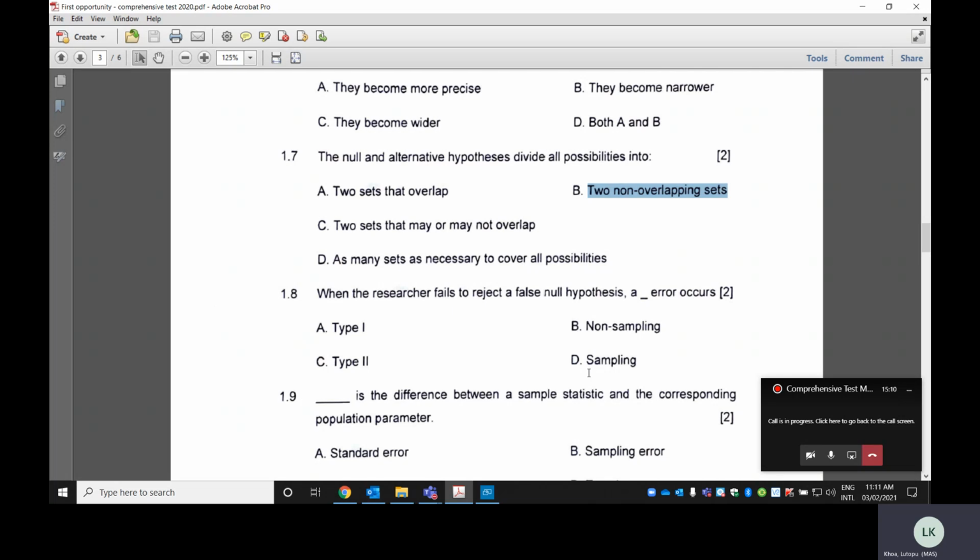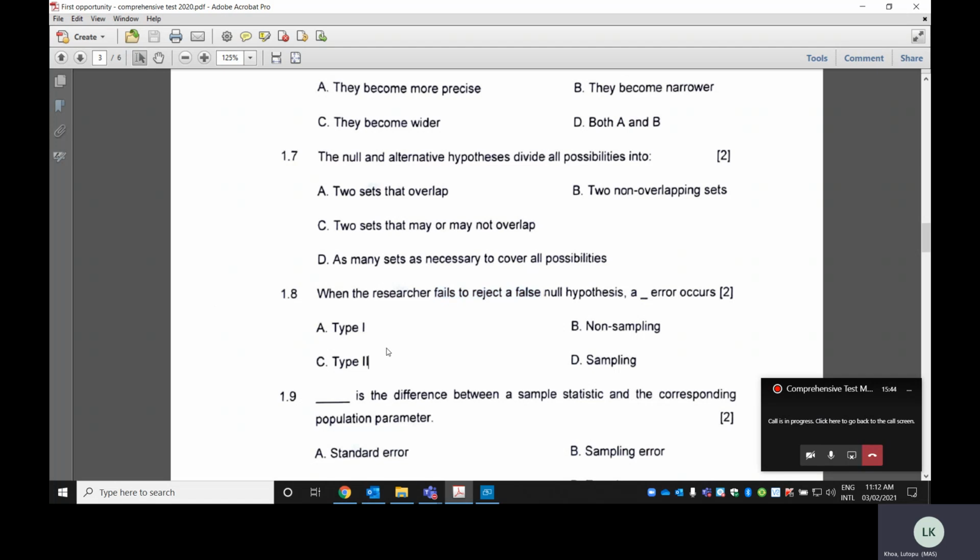So those have to do with the sample, not necessarily with what the researcher concludes. Now we know that a type 1 error occurs when you reject a null hypothesis that is true, and a type 2 error is when you fail to reject a null hypothesis that is in fact incorrect.